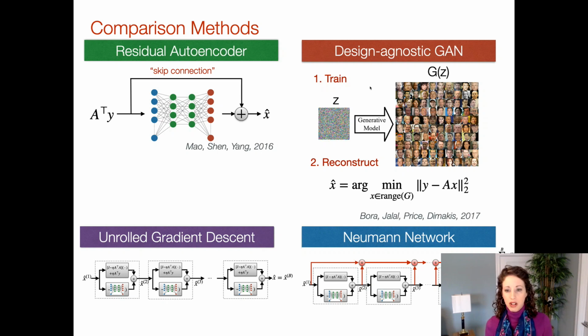We'll also consider these decoupled approaches where we do all of our training in a way that is agnostic to the forward model, and we only use the forward model in the final stage. We'll look at unrolled gradient descent and the Neumann network.